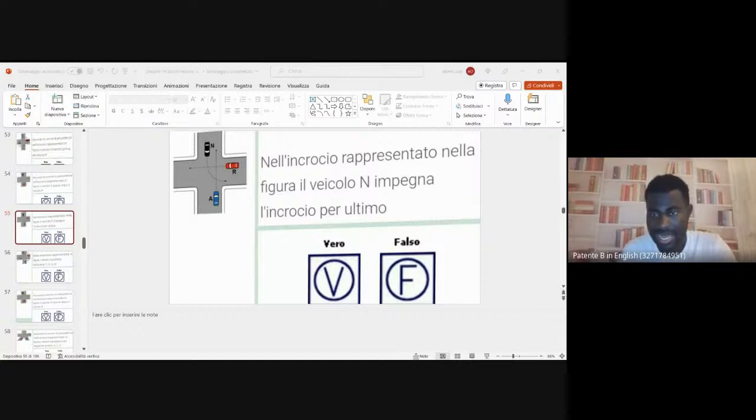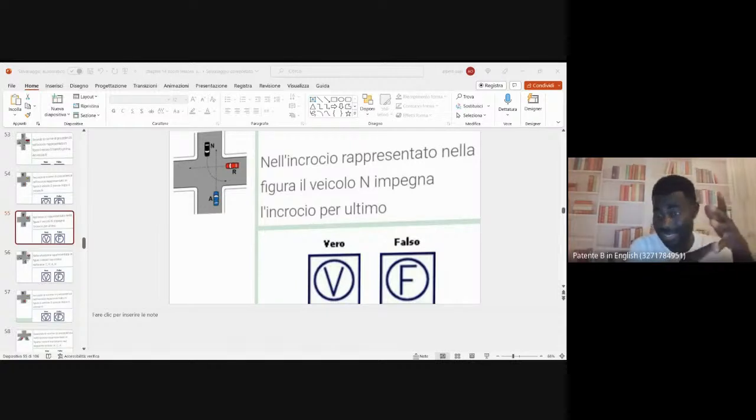Yeah, it is true. N will stop in the middle of the junction. But look at the question. The question says that N impegna. When we say impegna, it doesn't mean that N is the first vehicle to pass. For you to know whether the question is talking about the passage, that is, who is the first vehicle to go, they are going to use three words: passa, transita, or attraversa.